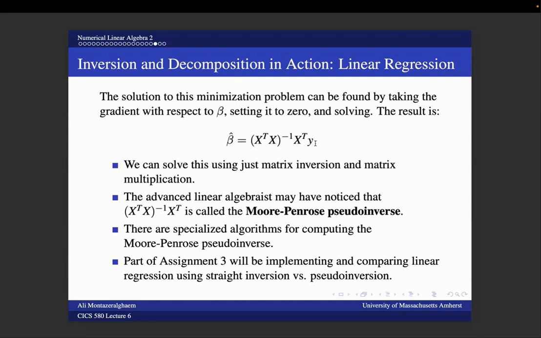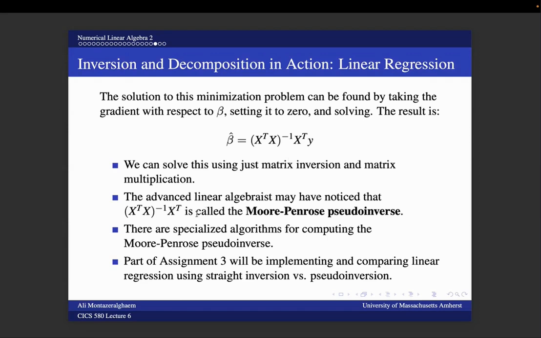But the problem is how we can compute this inverse, and also how we can compute the multiplication, because they are so expensive in running time.